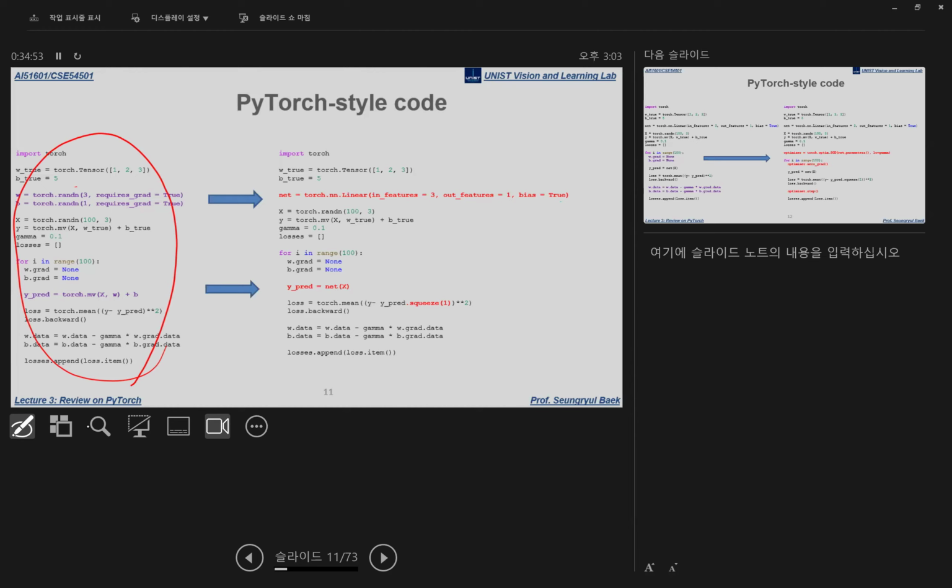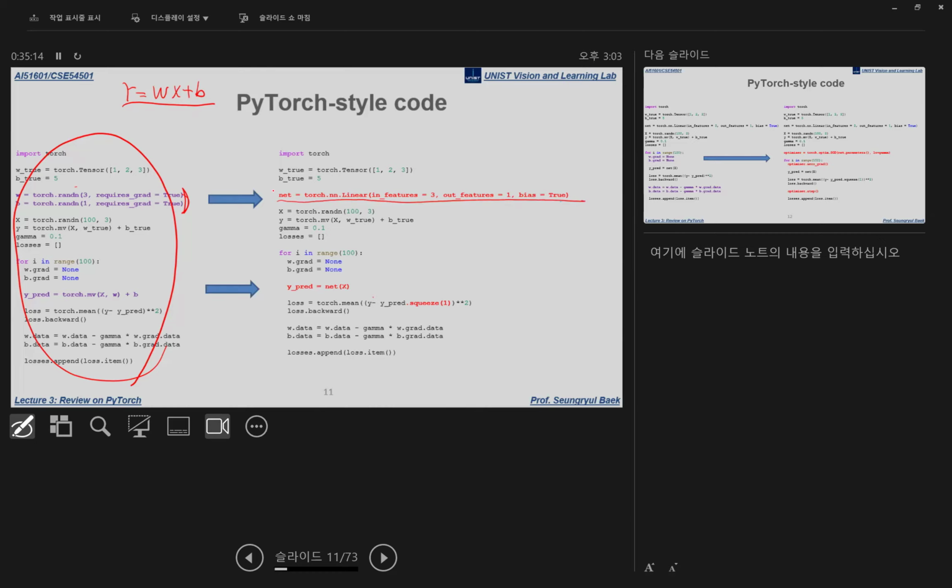So for example, here we are explicitly implementing the linear regression formula like this. But in PyTorch, they want to make it more abstract.